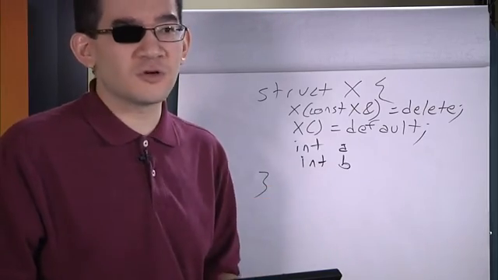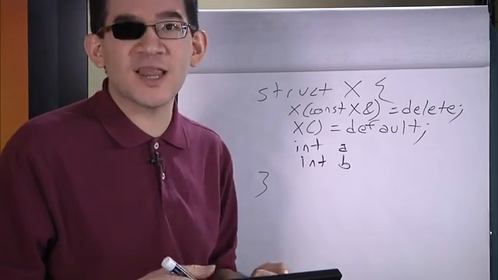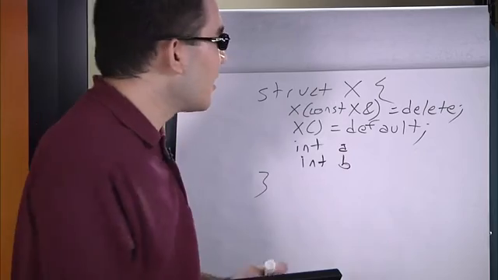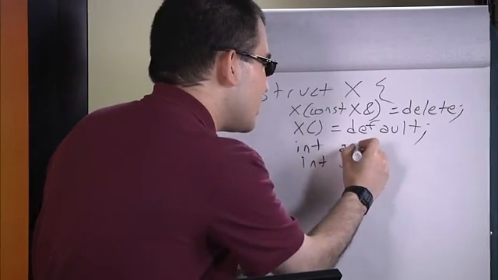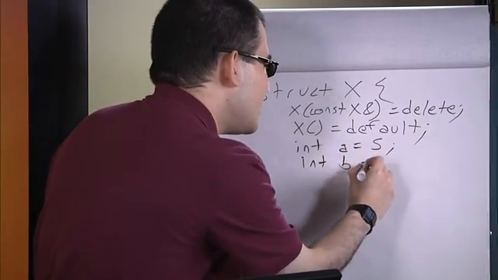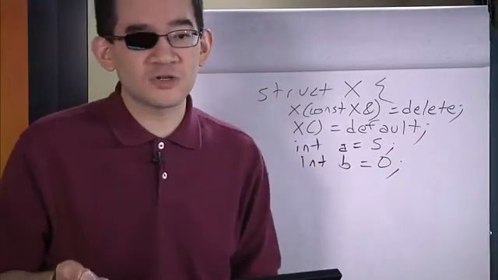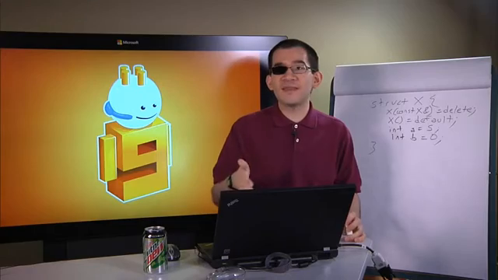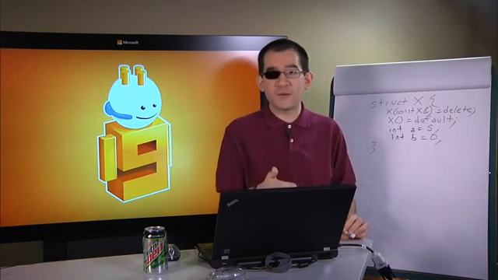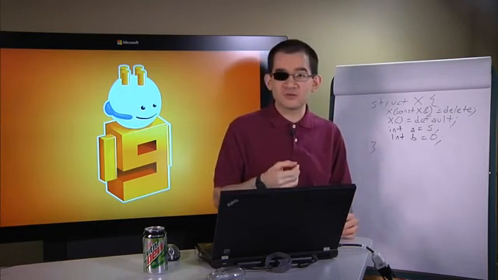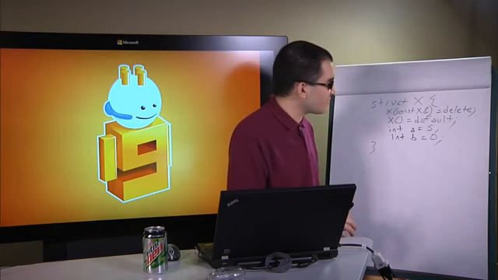For every constructor where I don't explicitly initialize a, just give it a default value. Like here, I would like a to be maybe 5, and then b to be 0, or whatever. Now, a constructor with an initializer list can then override this and say, oh, I actually have a different value I want to use for a and b. But if a constructor doesn't specify anything, then you'll get these default values.